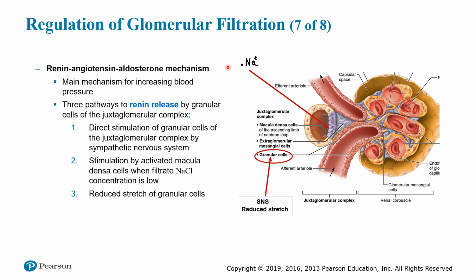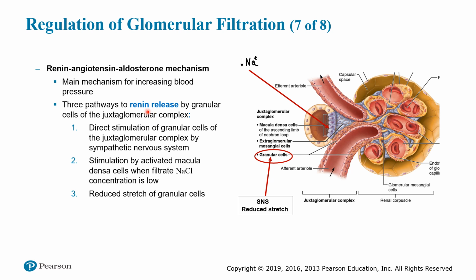Why is NaCl low? NaCl is low because blood is flowing very slowly in the tubules, and too much sodium is being reabsorbed. So this also tells the macula that the sodium is low, and then it stimulates the granular cells to secrete the renin. So these are the 3 processes which end up in the secretion of renin.